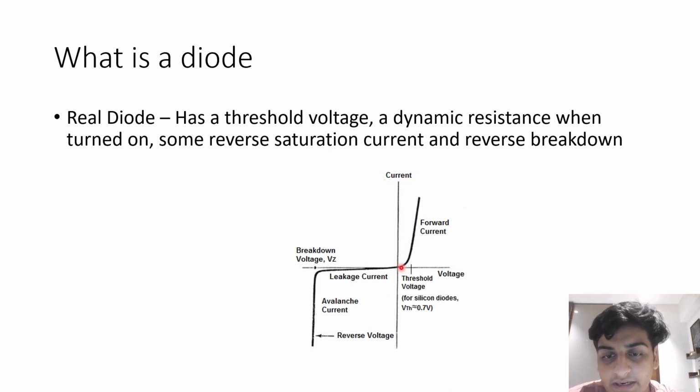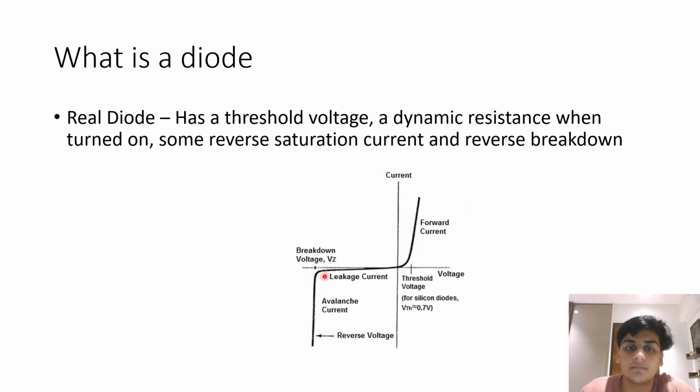Firstly, real diodes need some amount of threshold voltage for them to actually turn on and give some meaningful amount of current. And even if you give them negative voltage, there is a small amount of reverse current that flows.